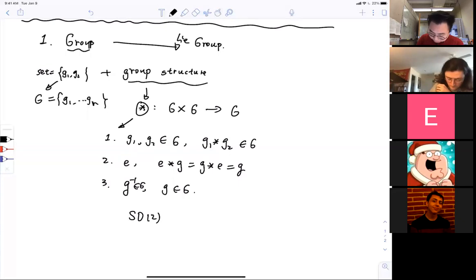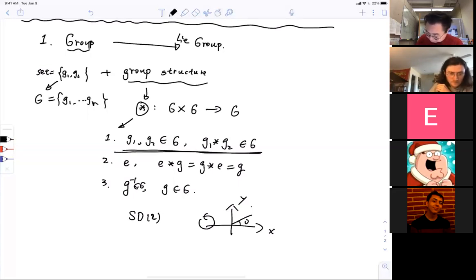For example, SO2, the rotation group in the XY plane, right? The first row just tells us: rotate by angle theta 1, and then rotate by angle theta 2.